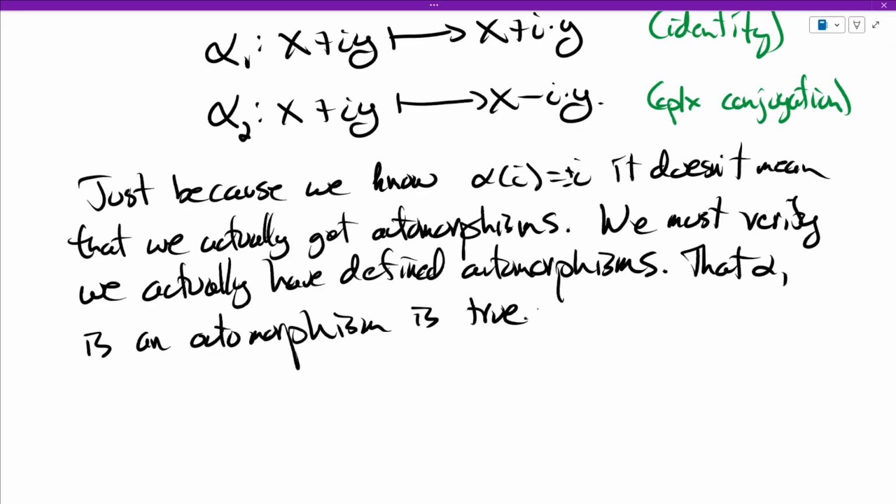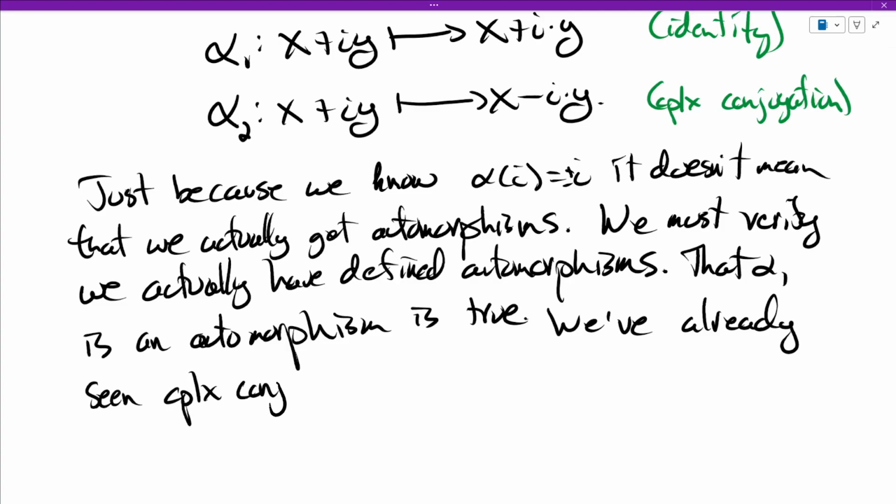The identity is always an automorphism, period, in any category. Now, what about complex conjugation? Well, we've already seen complex conjugation is an automorphism. It was one of our examples.